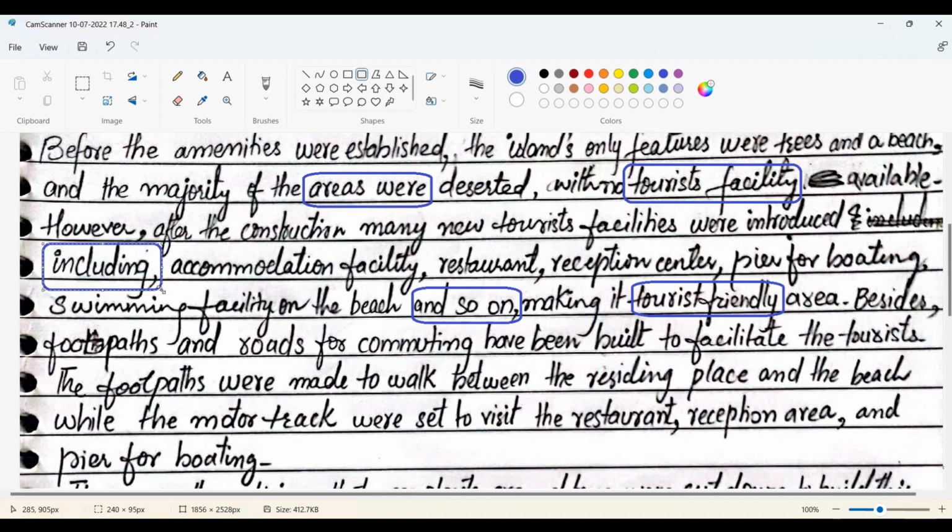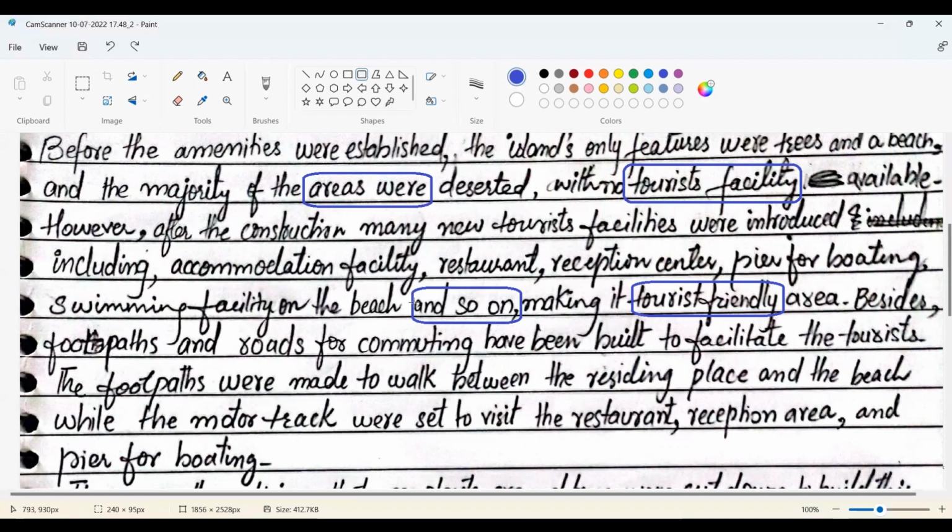So I think when we mention a number of things and use the word "including," that might not be the obvious reason, but you are now giving the other things like footpaths and roads in the next sentence, so "and so on" doesn't make sense here.